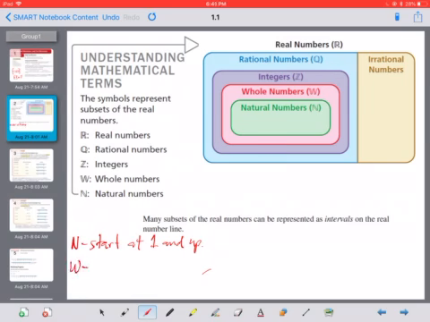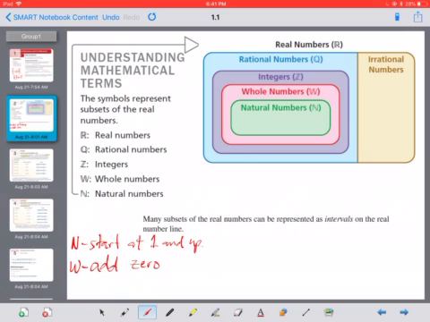And then the whole numbers, which is symbolized by W, adds in 0. So when you talk about whole numbers, it's 0, 1, 2, 3, 4, all the way to infinity. Natural numbers is just starting at 1.